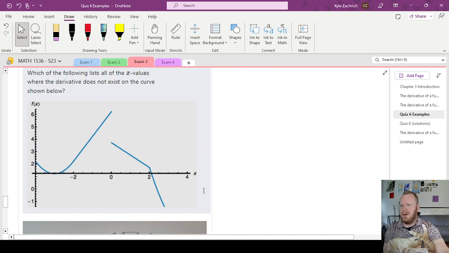For this next one, which of the following lists all of the x values where the derivative does not exist on the curve below? So we looked at 3 different scenarios where the derivative does not exist. One of them is a situation like what we have at x equals 0.